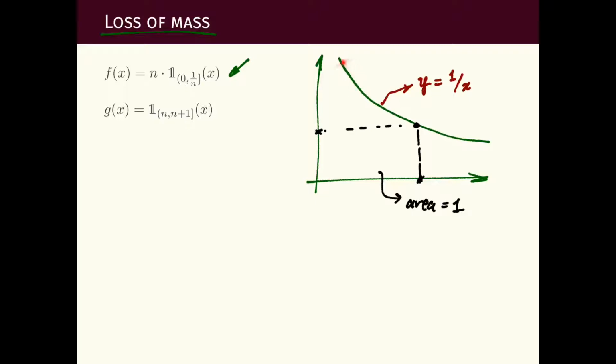As we make this point go higher and higher, eventually we'll get a point which is at infinity, and with zero, we get a rectangle with infinite height and 0 width.